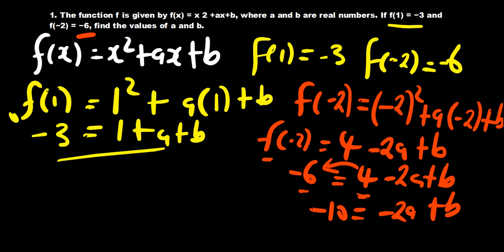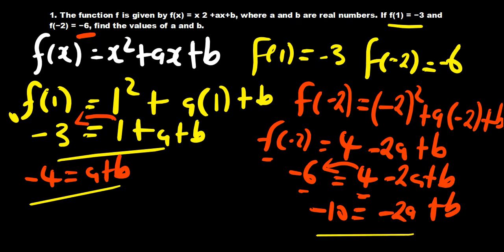For the first one, we can also take the 1 to the other side and it becomes negative, so negative 4 is equal to a plus b. So we've got two expressions, this one and this one.